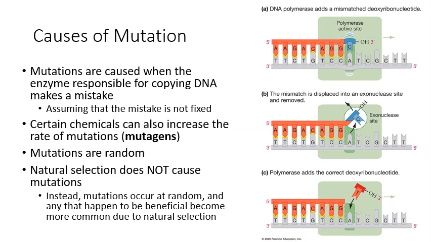So natural selection does not create mutations. It does not guarantee you adaptations. But if you already have a random mutation that makes you better suited to an environment, natural selection will make it more common.